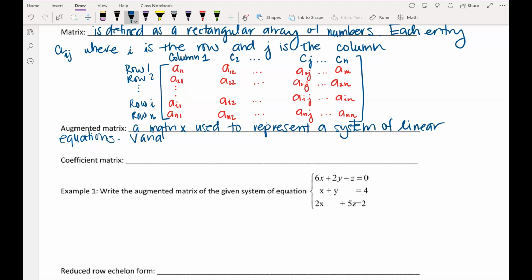Variables must be on the left side. And constants are on the right.